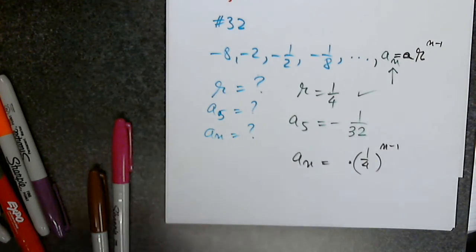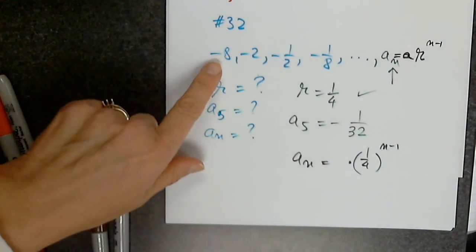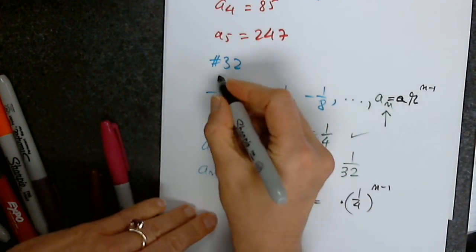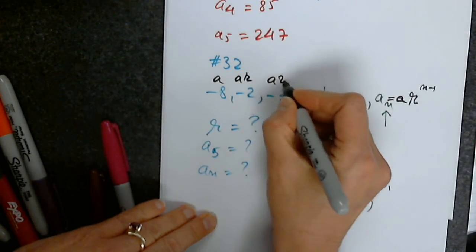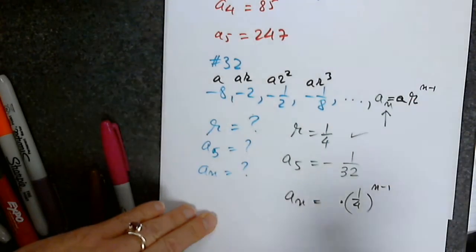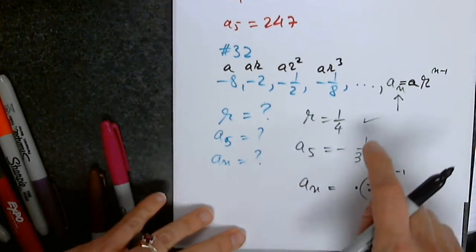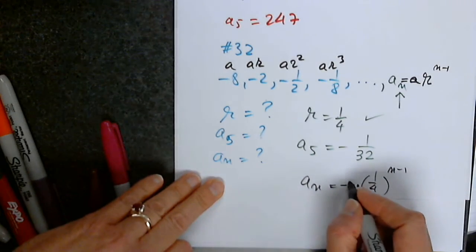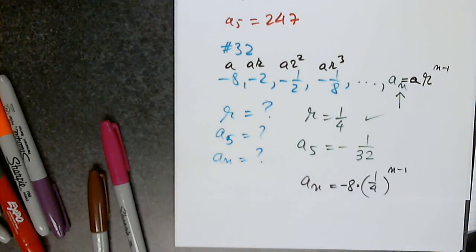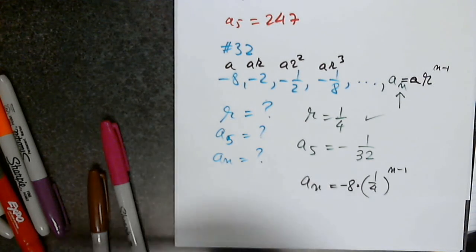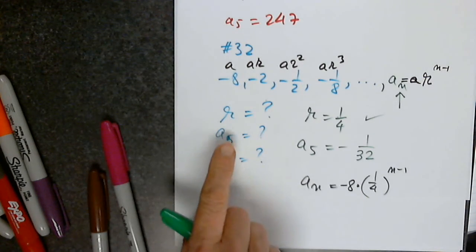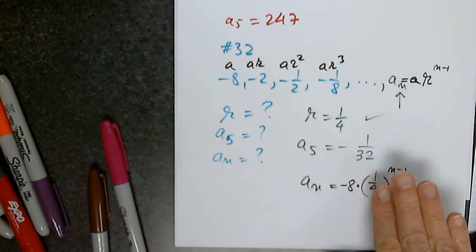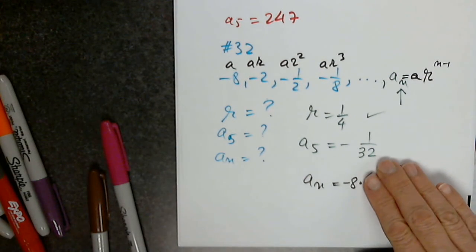So, first of all terms have to be negative, right? Okay, what is our A? Because remember, this is A times R, A times R squared, A times R cubed, and so on and so forth. So what do I have to write as A? Negative 8. So now let's check, just to make sure that we didn't miss anything. So when n is 1, this is 0, and this is 1.